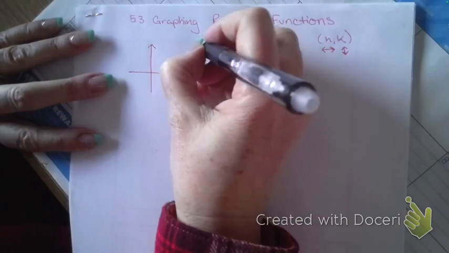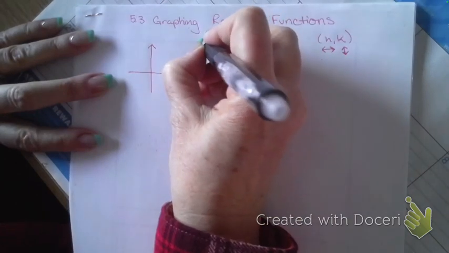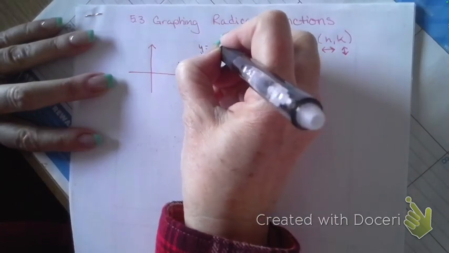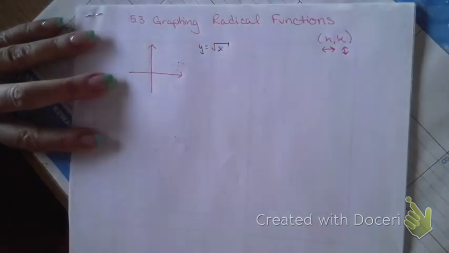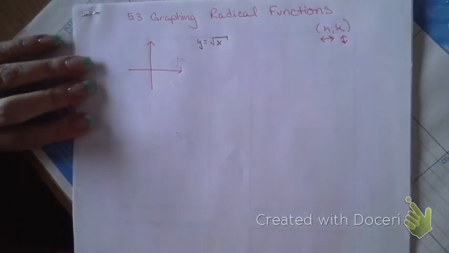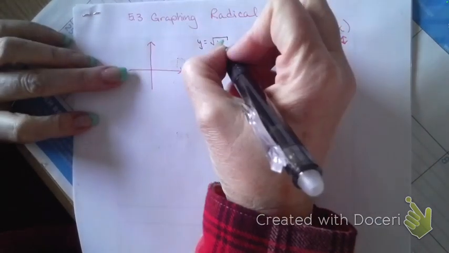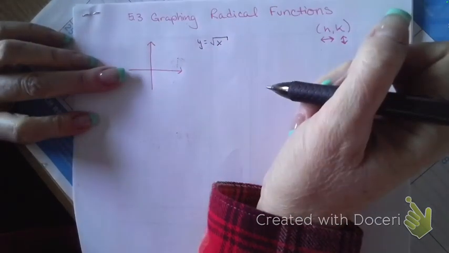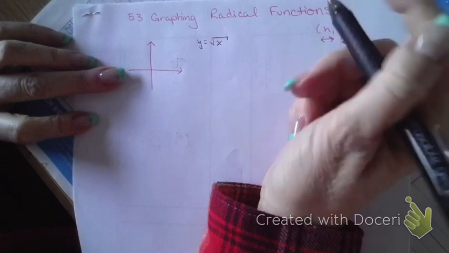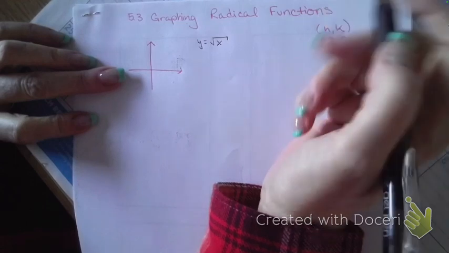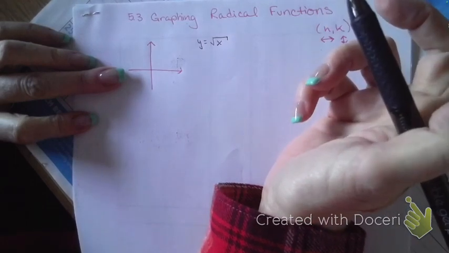So we're going y equals the square root of x. Okay, and we'll add more to it in a minute. So what happens if I plug in negative 10 to this? Can I take the square root of negative 10? No. You have to put an i. Yeah, I'd have to have imaginary, right? And I can't graph that.